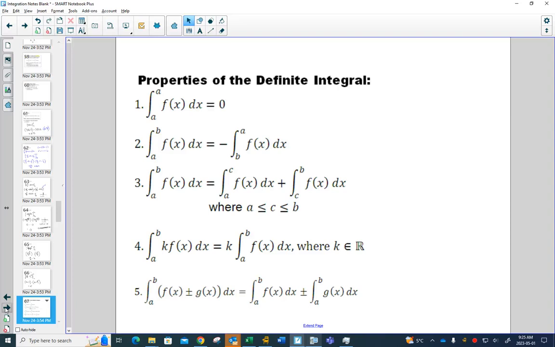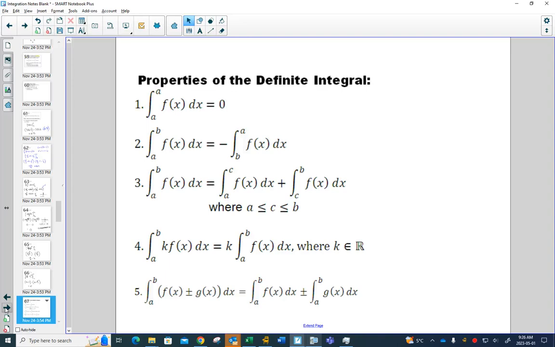It's going to be 0. There's no area when you have a one-dimensional line there. Okay? We saw this already, that if you switch your A and B in other directions, they're going to be the same number, but one is positive and one is negative.